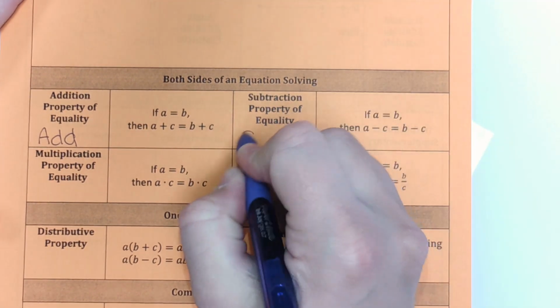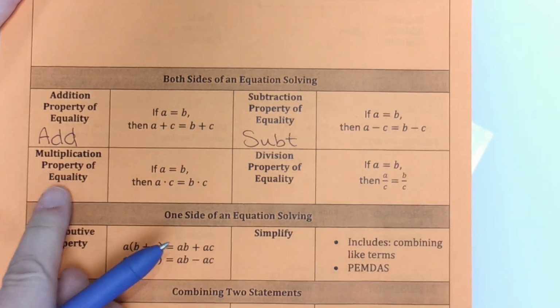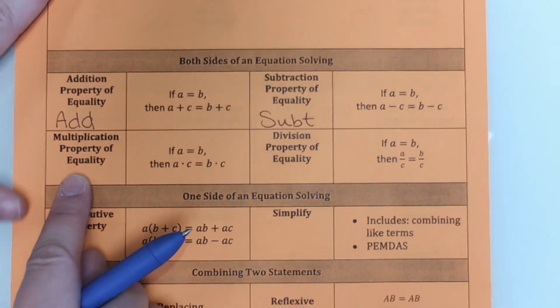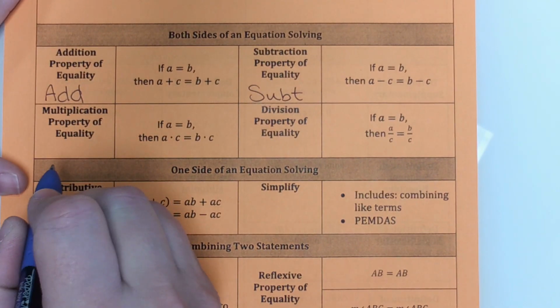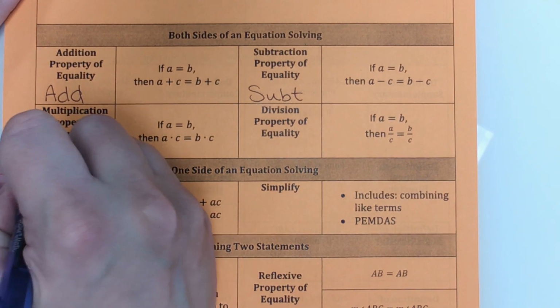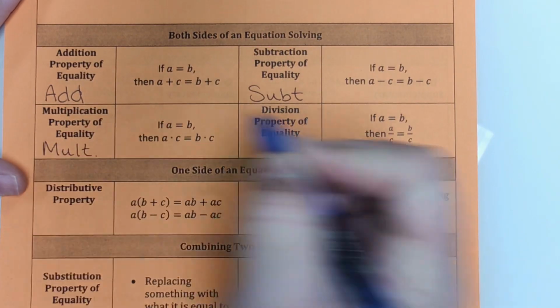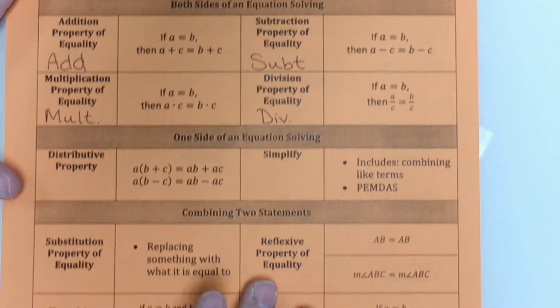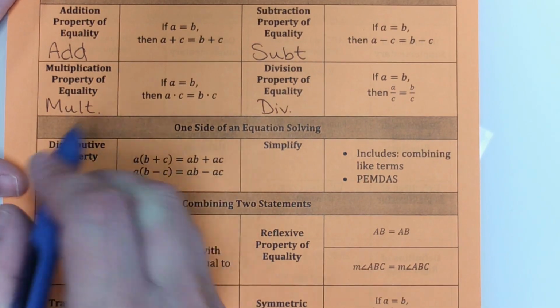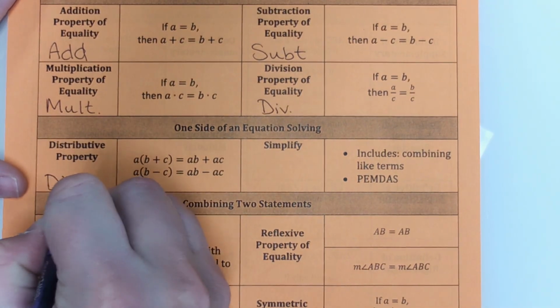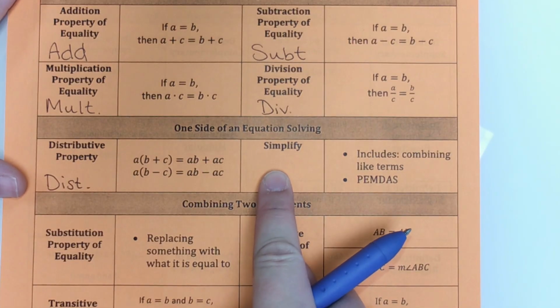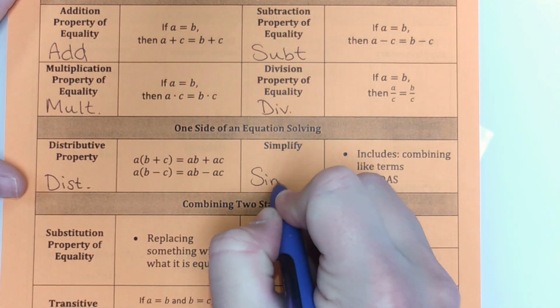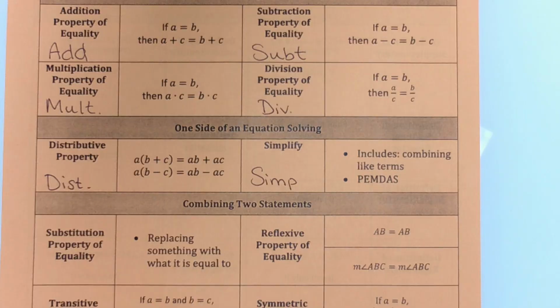SUBT. Multiplication. MULT. Division. Div. Distribute. Dist. Simplify. Simp. And those are the ones that we've talked about so far.